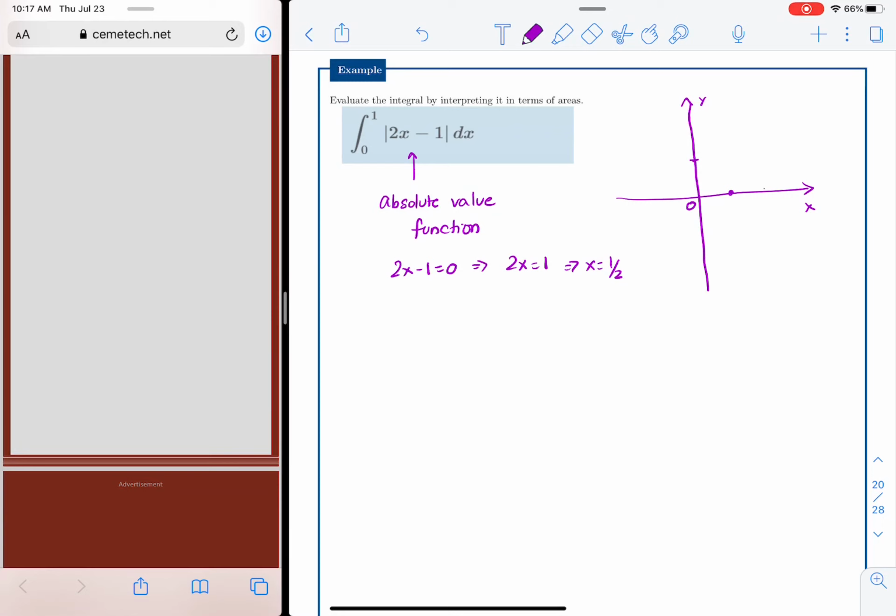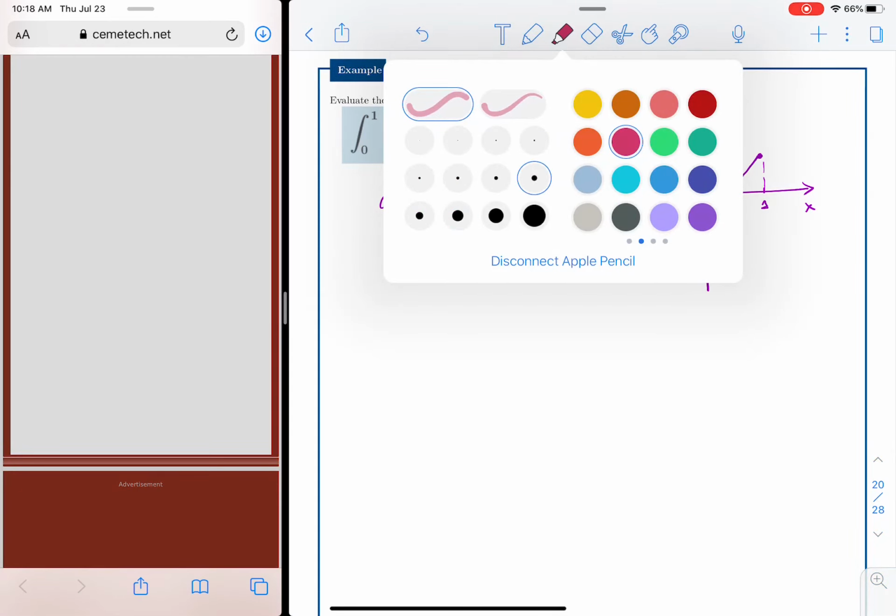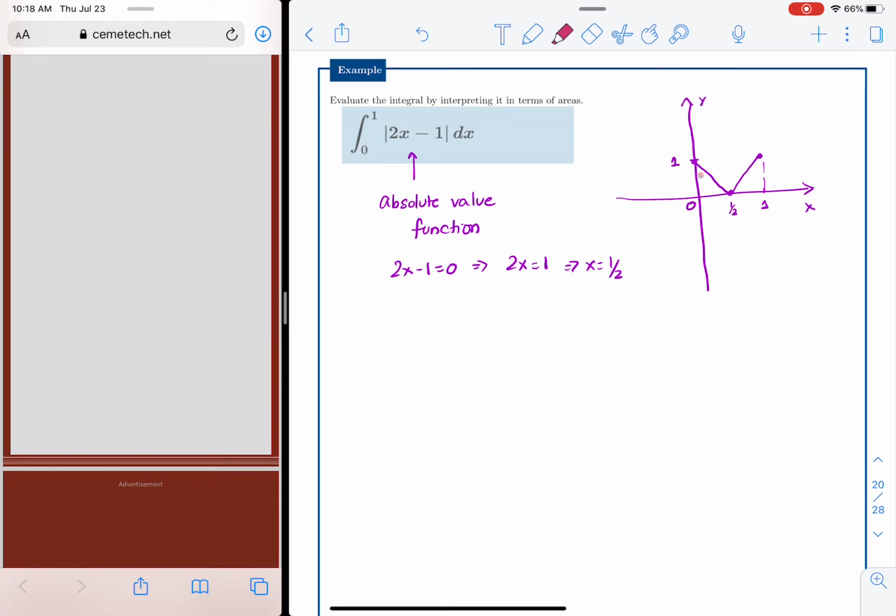When we plug in 1, we get the absolute value of 1, which is +1. So we simply end up having that V shape. And the area we're trying to find is that. So we want to find A1, A2, and add those together.